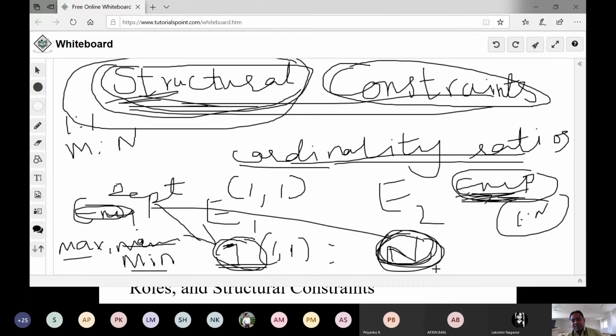Now come to the other side. Minimum how many employees are required? Maximum how many? Maximum, no doubt, I will have n number of employees in each department. Minimum employees, how many? It again differs from application to application. Sometimes in the worst case I will say 6 or 4.